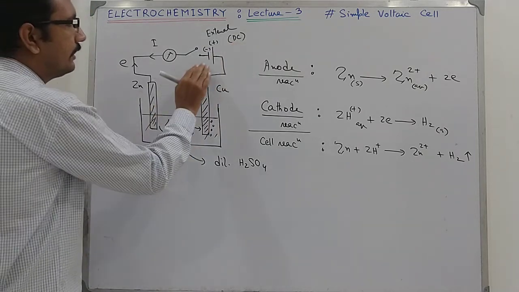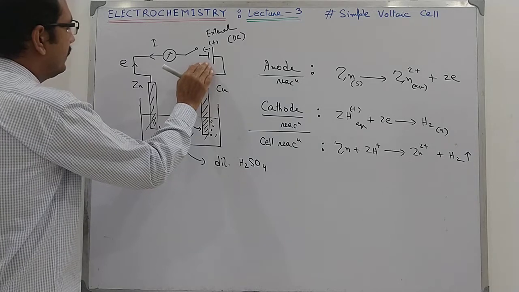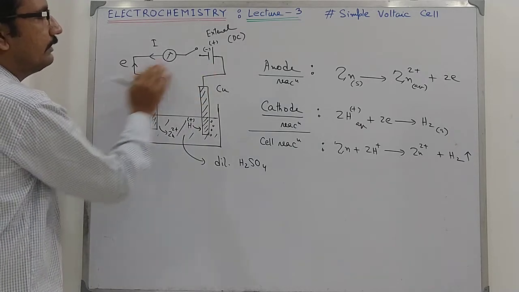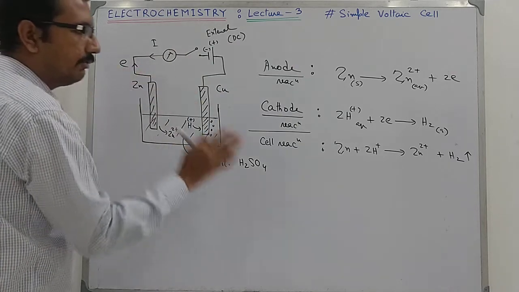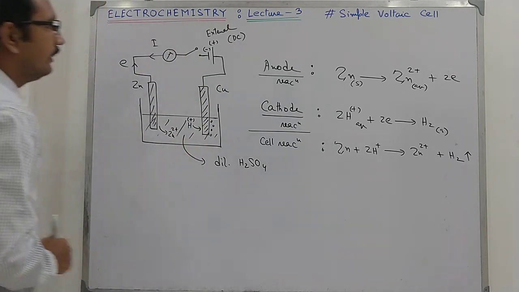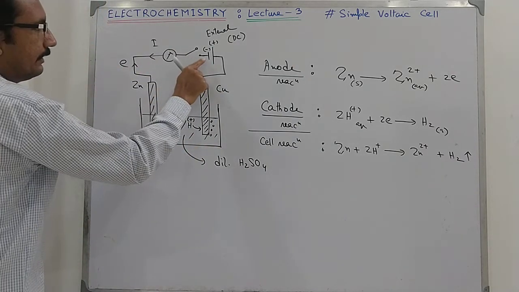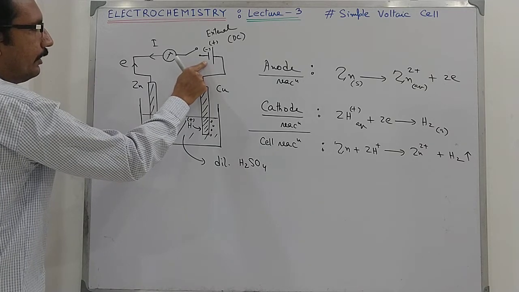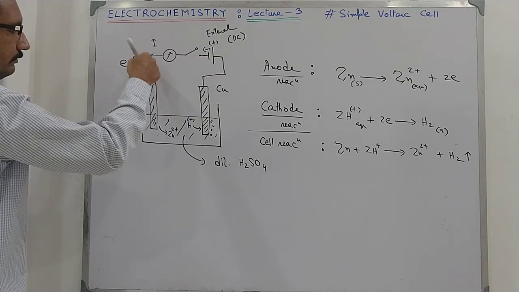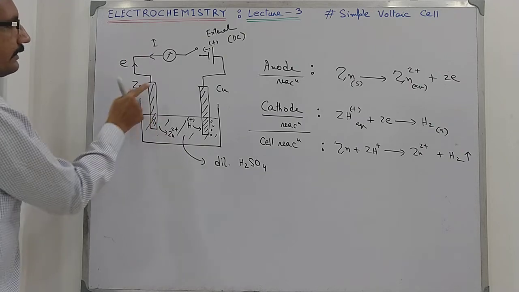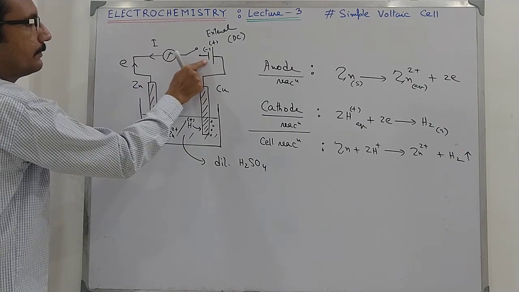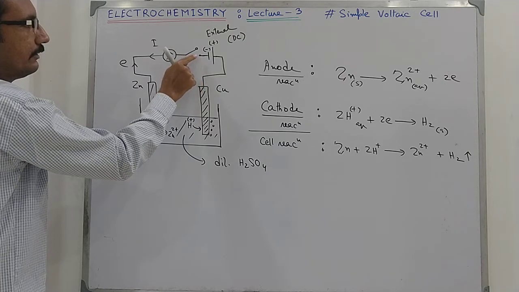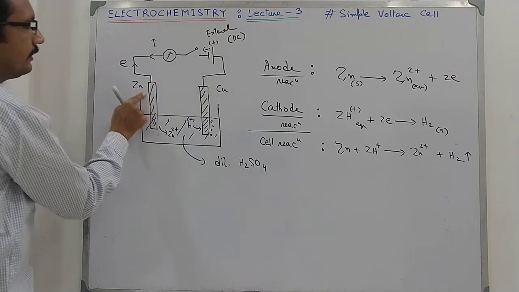Now when the potential of the DC is greater than this one, let us see what will happen. Then this external power supply will force the electron to come here, since the tendency of this electrode to release electron is greater than this one.